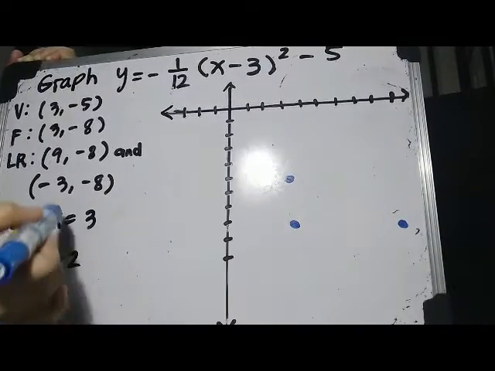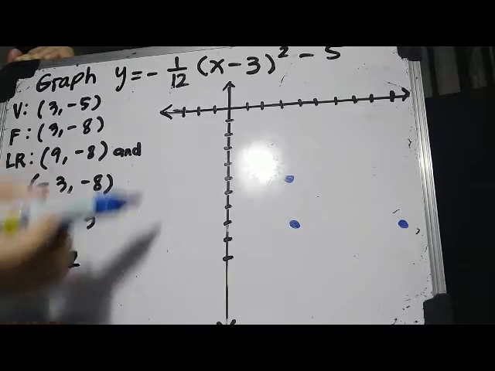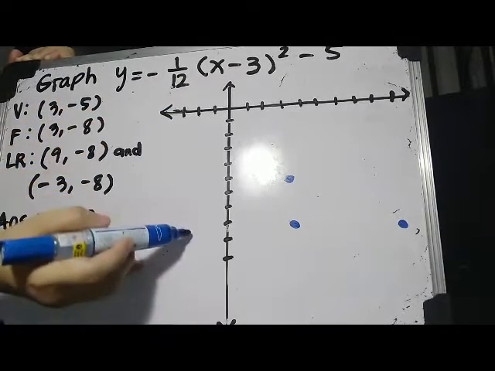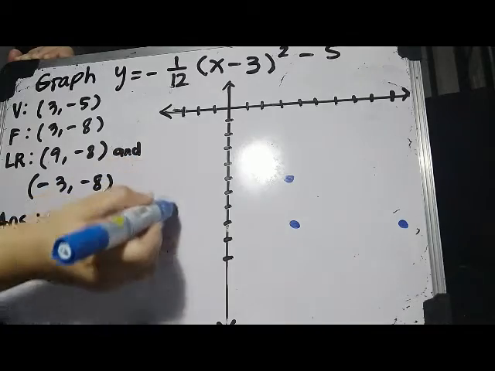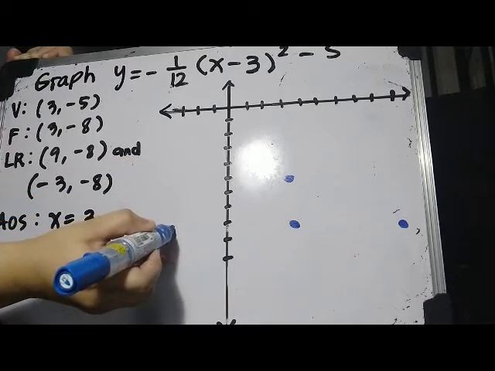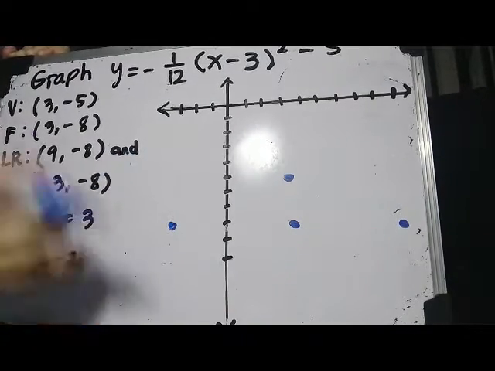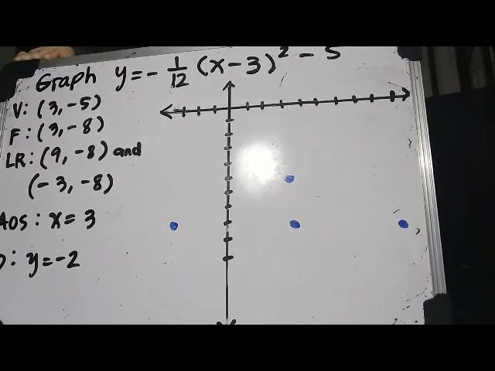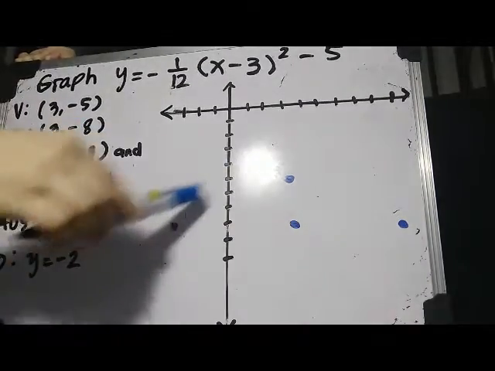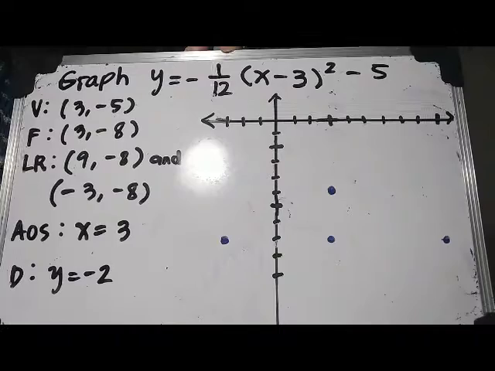The other point is (negative 3, negative 8). So negative 3, and then go to negative 8. So it's right here. Now we have already plotted the endpoints of our latus rectum, so we could now have an idea that our parabola will look like that.